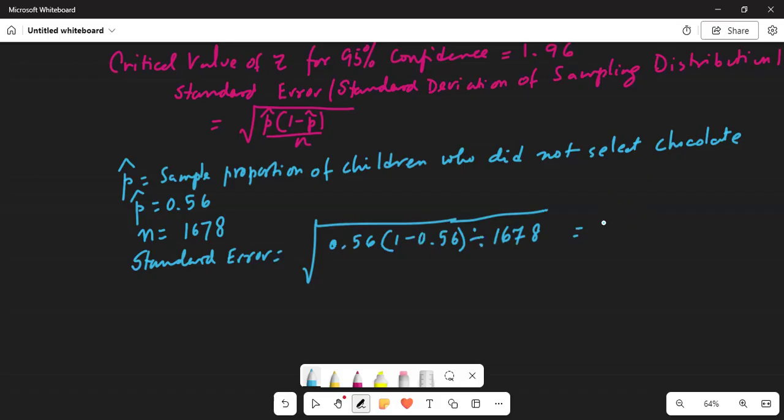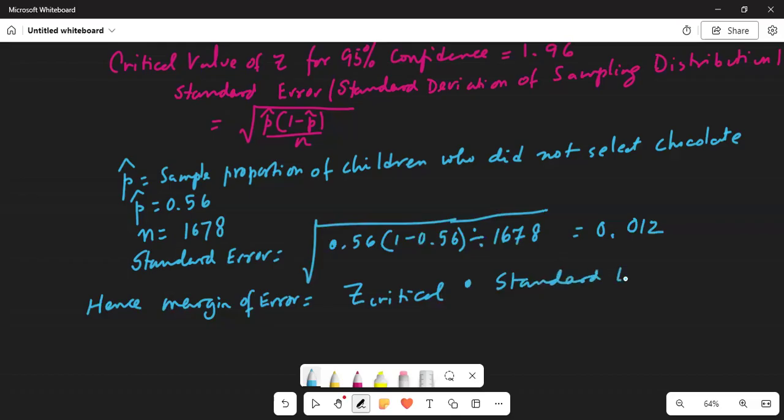And the answer is 0.012. Hence, margin of error is the critical value Z times standard error, which is 1.96 times 0.012, and that is equal to 0.024.